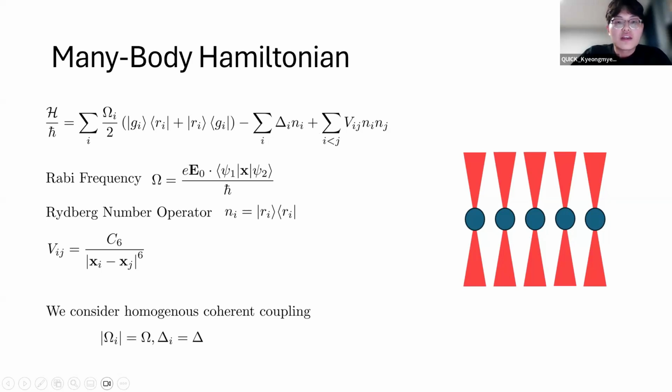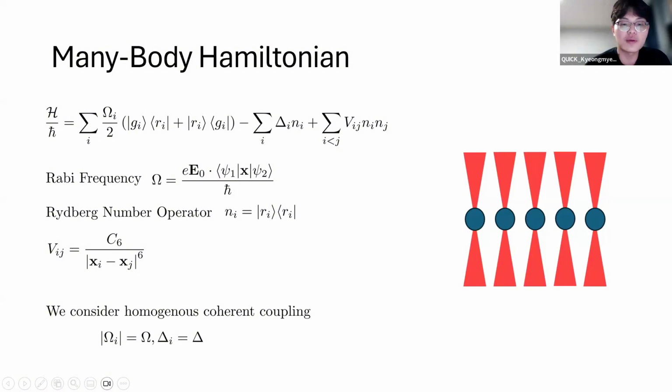This term accounts for the interactions between the atoms in the Rydberg state, and it decays with the distance x between atoms as x to the power of -6, which is the characteristic feature of dipole-dipole interactions. When two atoms are close enough, the interaction energy V_ij becomes so large that it prevents both atoms from being excited simultaneously.